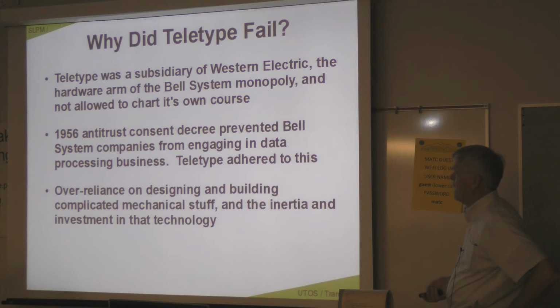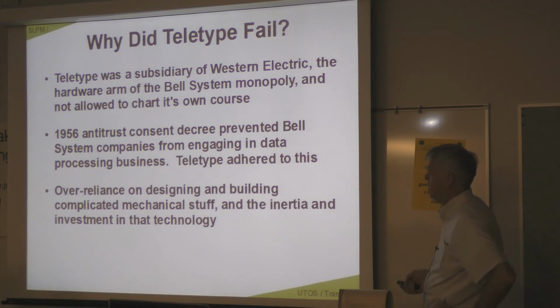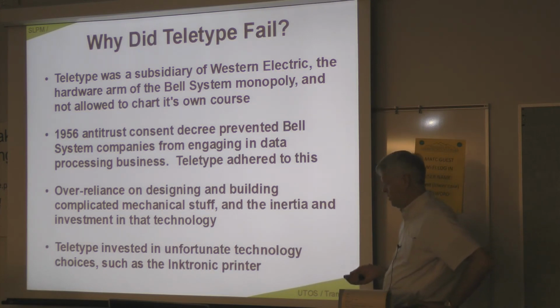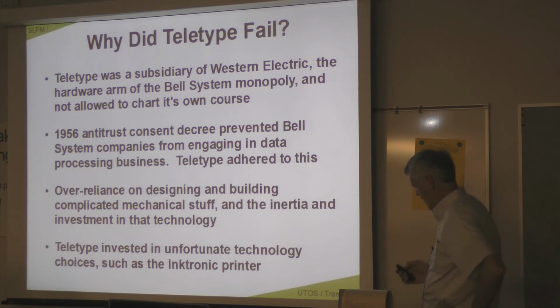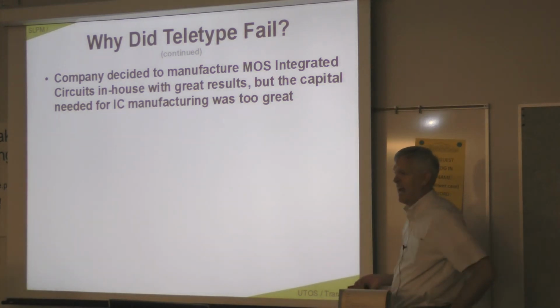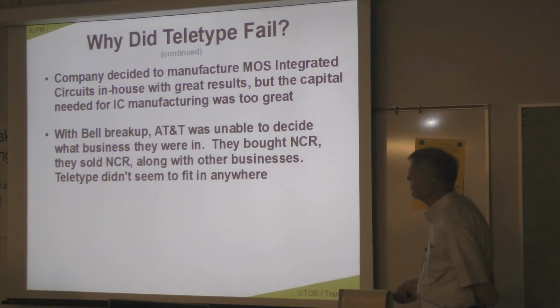And they had a lot of over-reliance on complicated mechanical stuff, which they were very good at, but that was becoming antiquated and out of favor. And they invested in technologies that just didn't work. They had an Inktronic printer that they spent a lot of money on, and it ended up being really a disaster. They also started to manufacture their own integrated circuits, and this took a lot of capital and did not make the parent company happy.